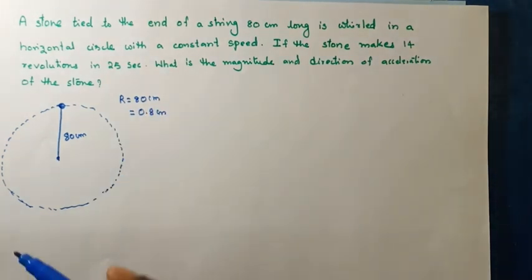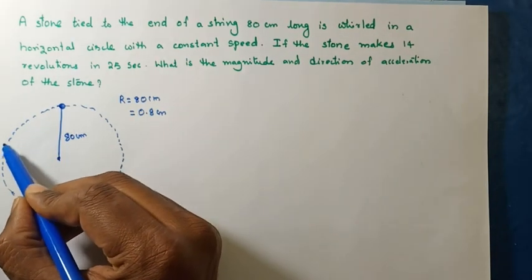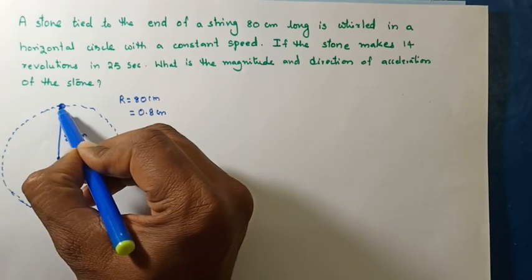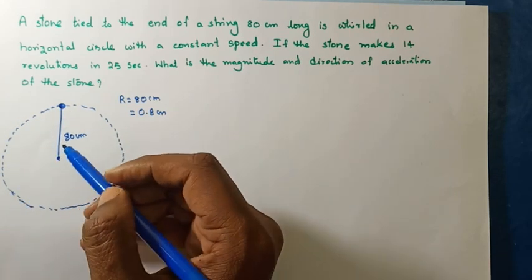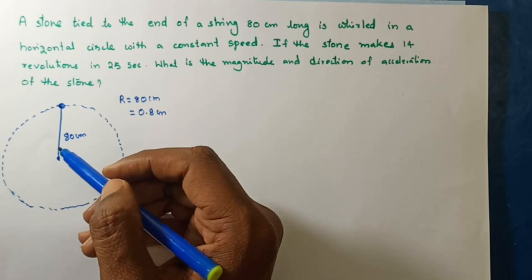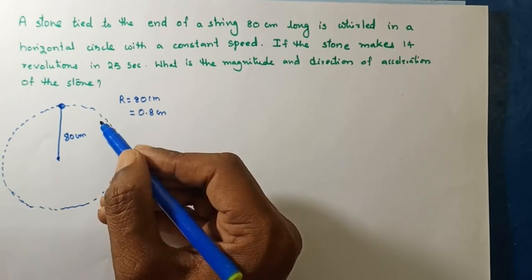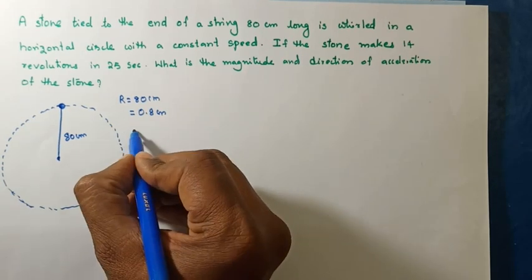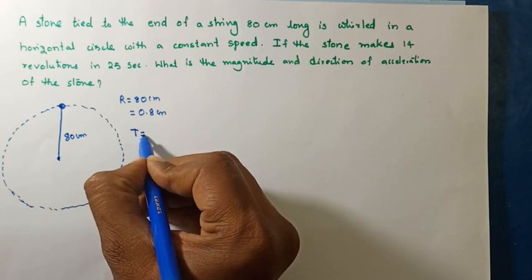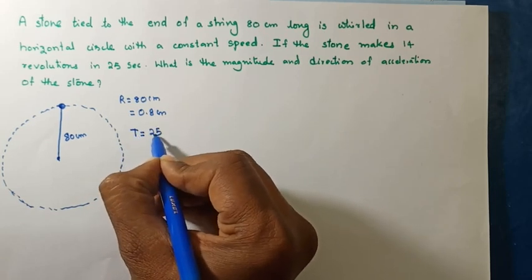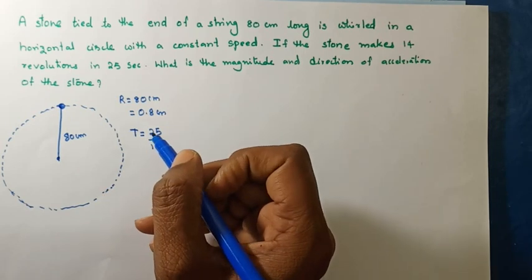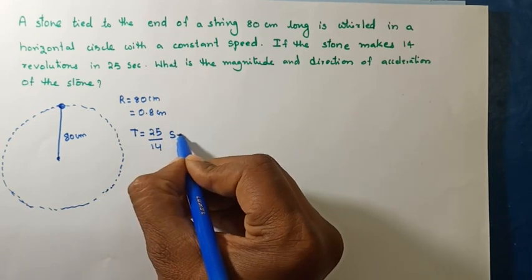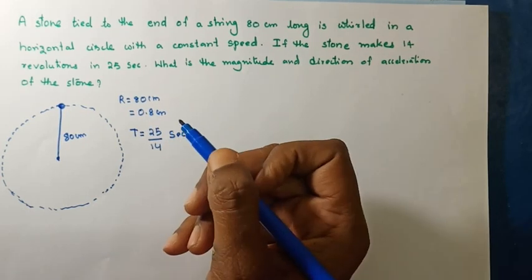If the stone is making 14 revolutions, this is called one revolution, and such 14 revolutions are made in 25 seconds. Now, what is the time taken for one revolution? The time taken for one revolution is 25 seconds by 14 revolutions. That is simply called the time period.